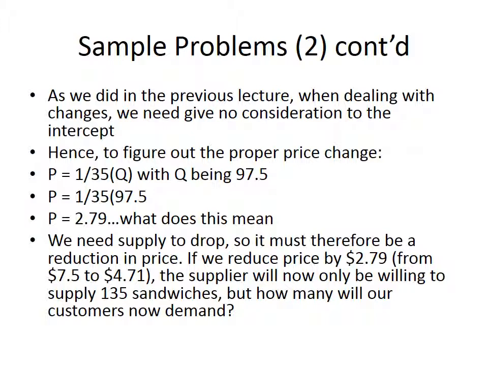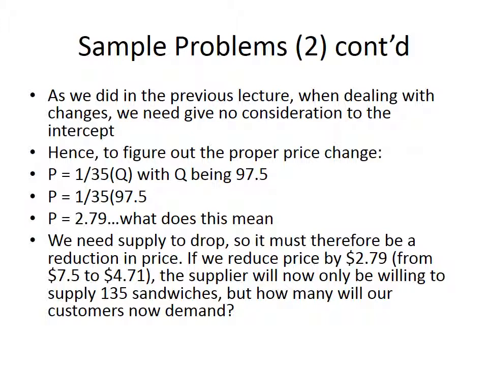But it's not good, because we've changed the price. We've dropped the price by $2.79 down to $4.71. What does that mean? That means they're going to demand more. So how many will our customers demand now that we've dropped that? As the restaurateur, we're willing to supply 97.5 fewer sandwiches.